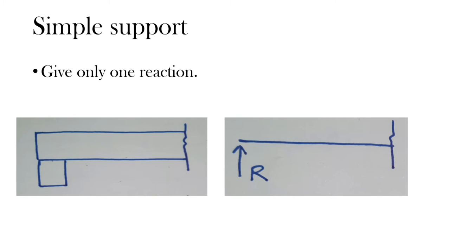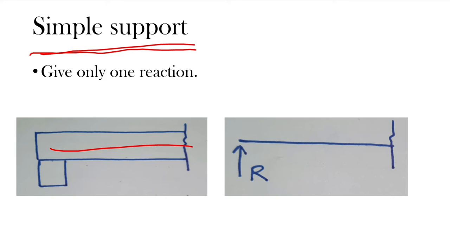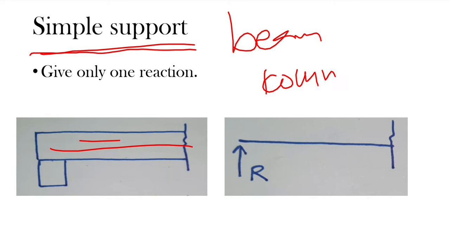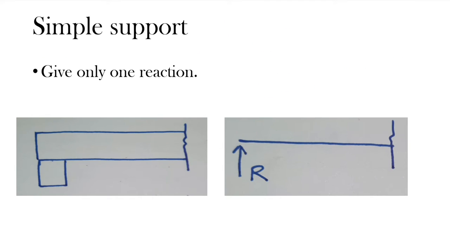So now let's study the types of support. The first type is the simple support. In this type, the beam is supported by a column. See here, this is the beam supported on one side by a wall and on the other side by a column.